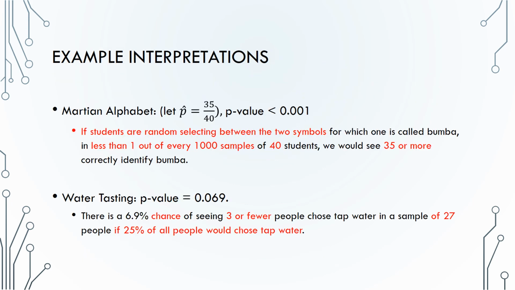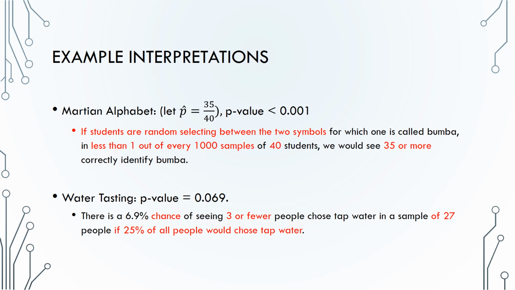Let's do some examples of interpreting p-values. First, using the Martian alphabet data. Let's use a class of 40 students where 35 correctly identified Bumba, so p hat is 35 out of 40. If you analyzed this data, you would get a p-value of less than 0.001.